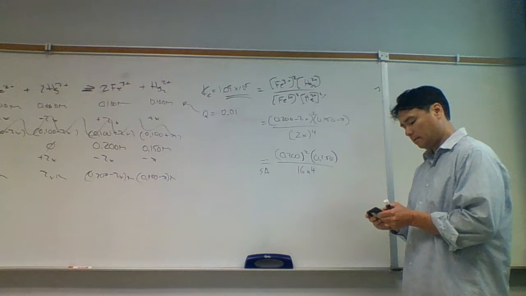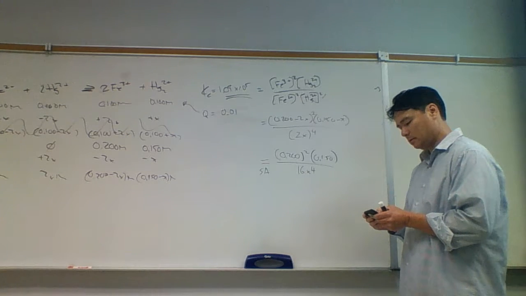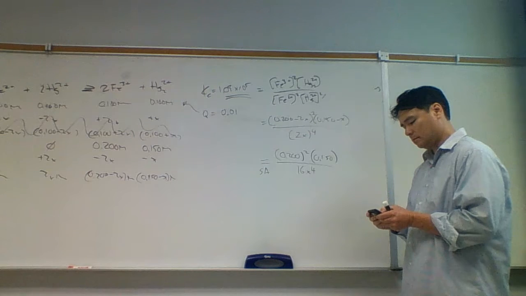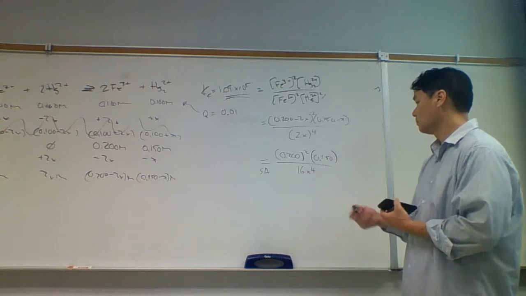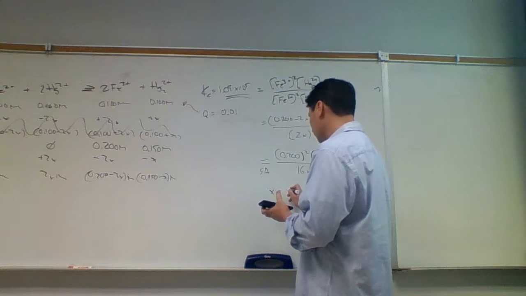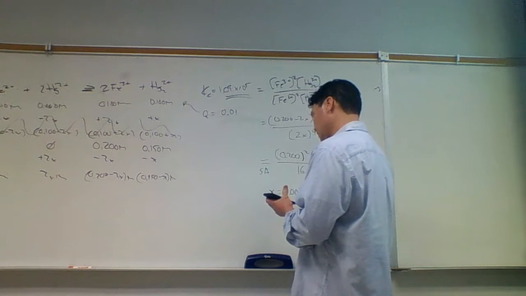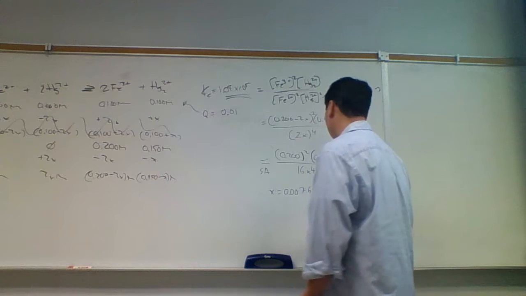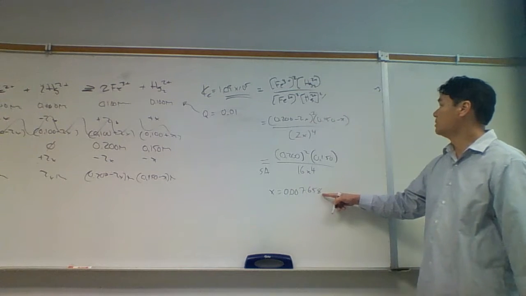And then just square root that twice. And with the simplifying assumption, x is equal to 0.007658. I'll just carry some extra digits here.